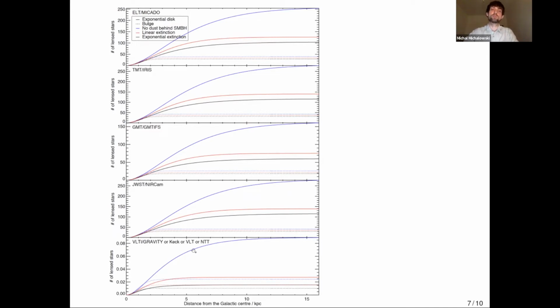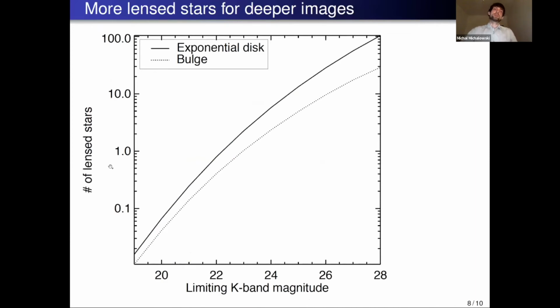And consistently with the currently available data, the current telescopes should not be able to see any lensed stars, because the expected number of lensed stars is below 0.1. So here the first key characteristic of observations which are needed for that is of course sensitivity, because the number of lensed stars grows when your limiting magnitude gets better and better.